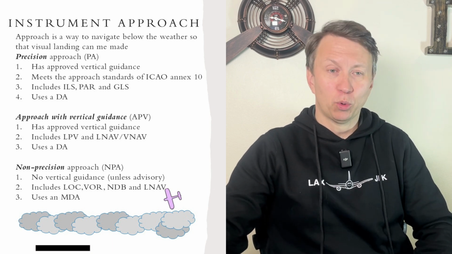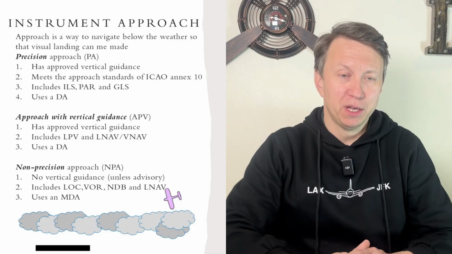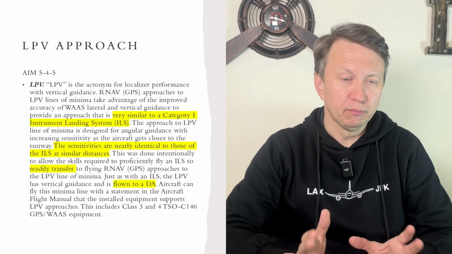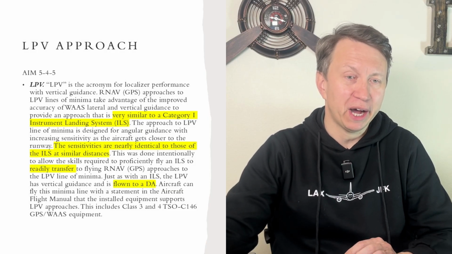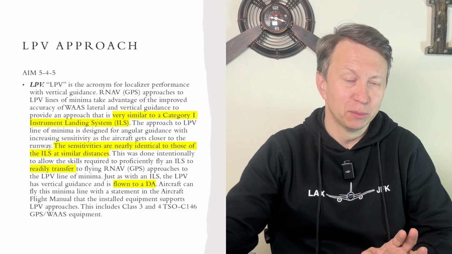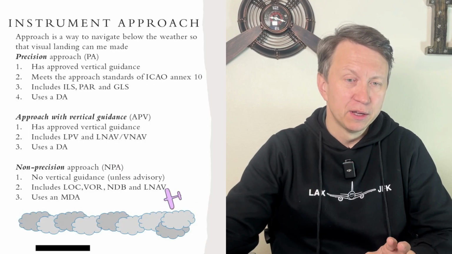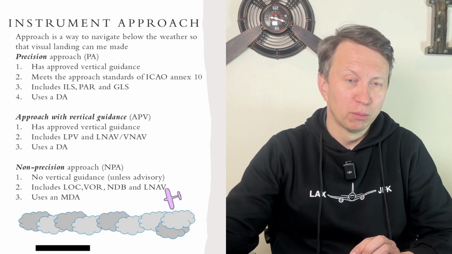AIM has that exact wording that it has the same properties and I believe even slightly more precise than ILS. And the transition for people from ILS to LPV should be seamless. LNAV/VNAV is a little harder to find, so LPV would probably be your primary.